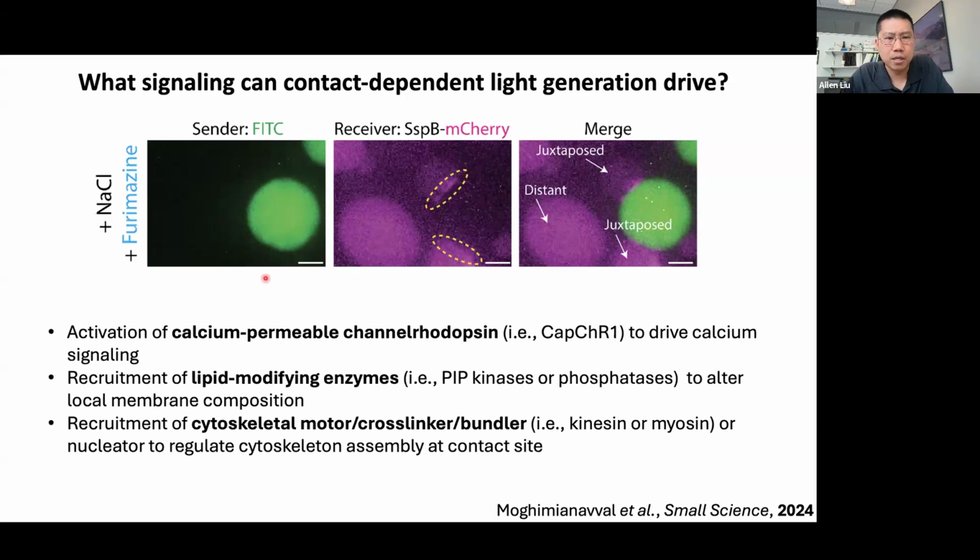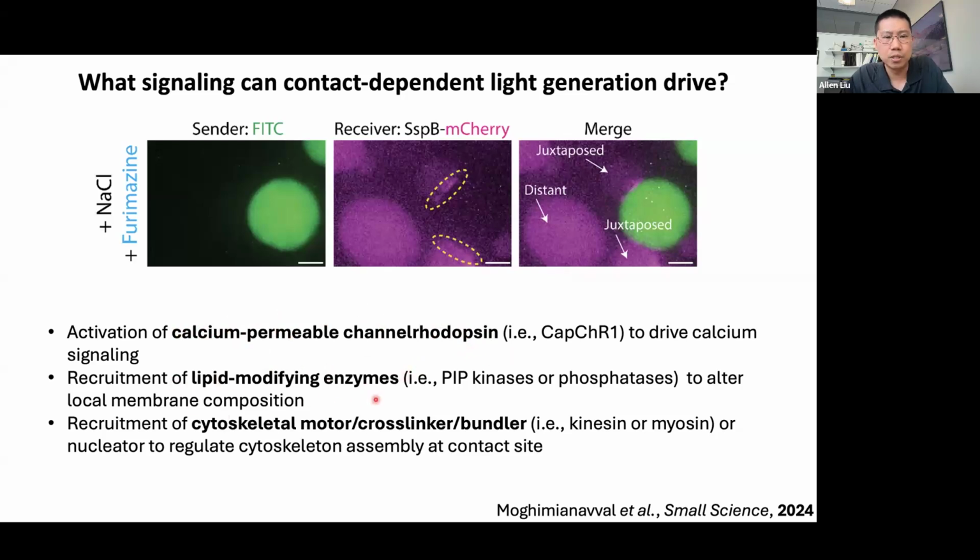So one can imagine, as a continuation of this work, is to see if we can use the blue light generated by this interface to activate a calcium permeable channel rhodopsin. And this is something that has been described in the literature: if you can use the blue light to activate a channel rhodopsin, allowing calcium to come in, maybe that can drive some type of reaction.